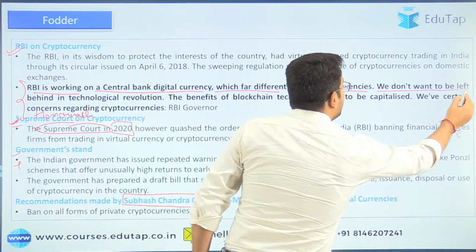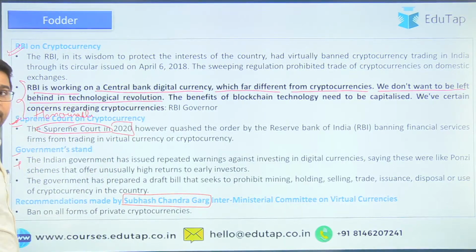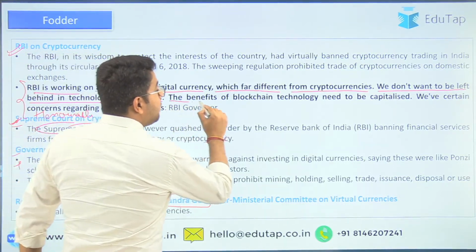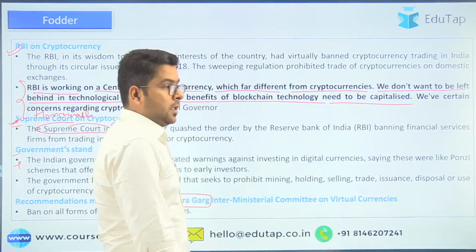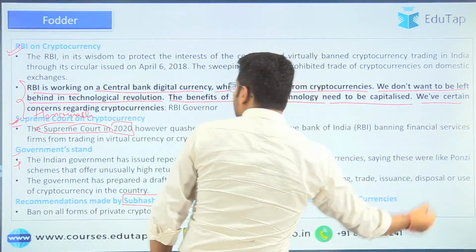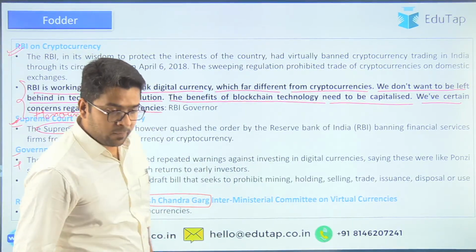We do not want to be left behind in the technological revolution. The benefit of blockchain technology needs to be capitalized. We have certain concerns regarding cryptocurrencies.